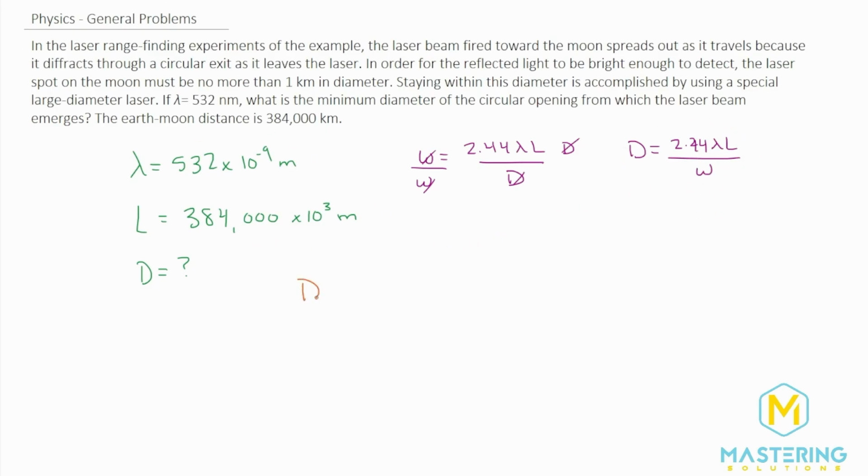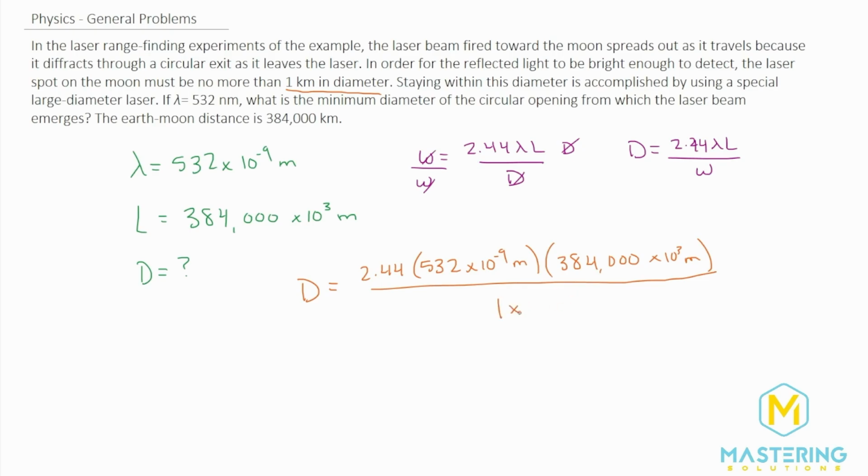And so D is equal to 2.44, and the lambda we said is 532 times 10 to the negative 9 meters. And then L is 384,000 times 10 to the 3 meters. And then all of that gets divided by W. But we said that we don't want it to be any bigger than 1 kilometer in diameter. So we'll use that to set the width for our diameter.